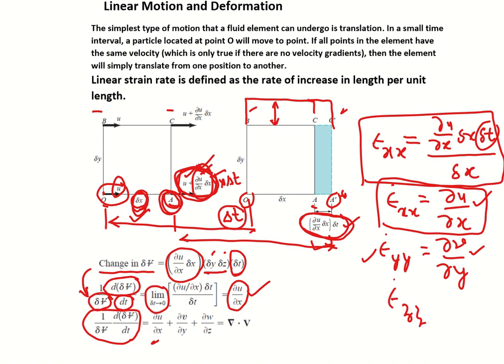Through this we can see that linear strain rate in x direction can be written in the form of velocity gradient in x direction, that is equal to del u over del x. So here we have del u over del x plus del v over del y plus del w over del z, and in simple vector format it may be written as divergence of V.